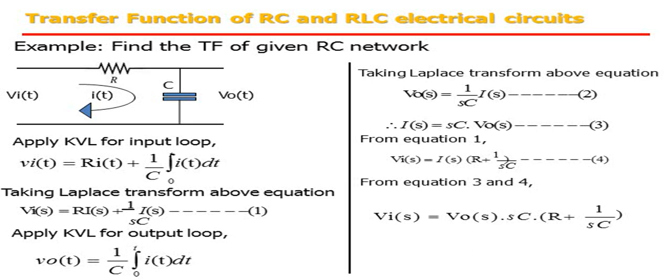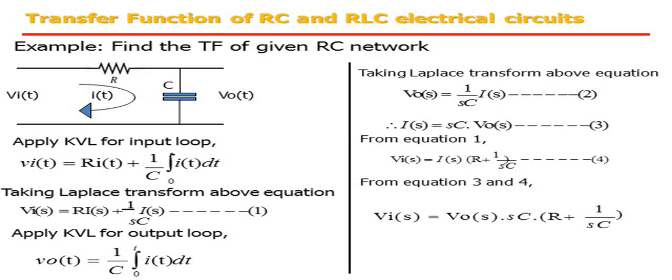Now we will apply KVL to the output loop. In the output loop there is one component, the capacitor, and the output signal V0(t). So applying KVL to the output loop, we get V0(t) = 1/C ∫ i(t) dt from 0 to t.